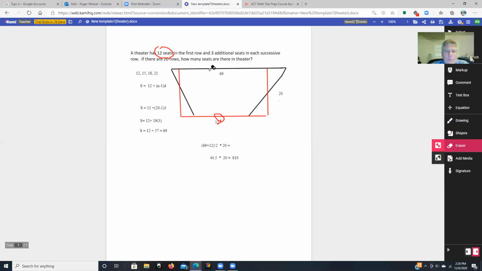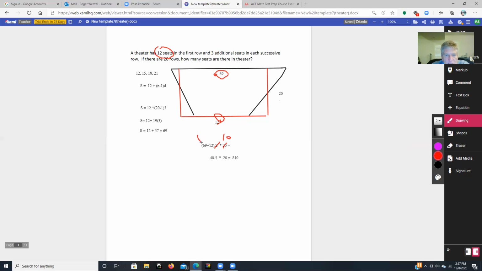So we figured out how many we had in the last row, which was 69. And then we could take the average of the first row and the last row, which gave us 69 plus 12 divided by 2. And we could have saved one step here on our multiplication, because we could have canceled the 2 with the 20 and ended up with 10.